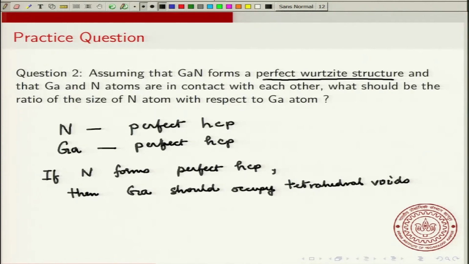So, if nitrogen forms a perfect HCP, then the gallium should occupy the tetrahedral voids. And so therefore the radius of gallium should be equal to the radius of the tetrahedral void, if gallium and nitrogen are in contact.